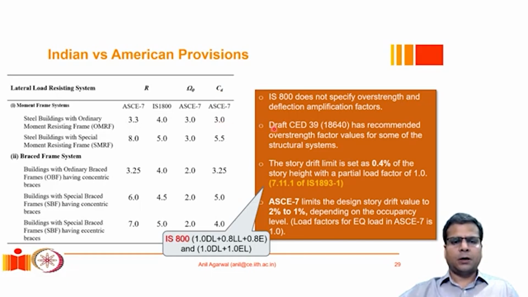There is also another document known as draft CED 39 18640, which is basically an equivalent of IS 13920, which would give the prescriptions for ductile detailing of steel structures for earthquake applications. This document does explicitly mention the overstrength factor.